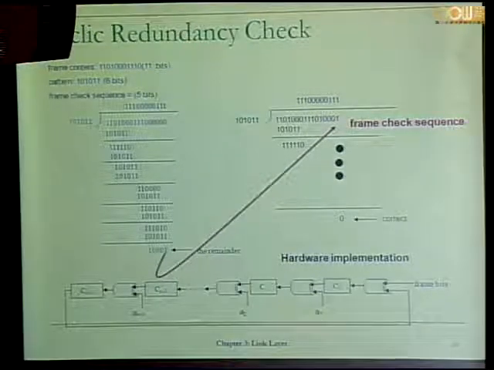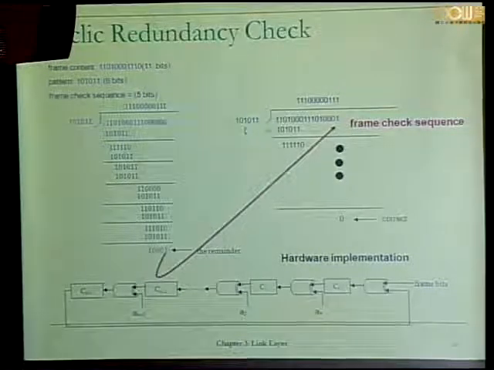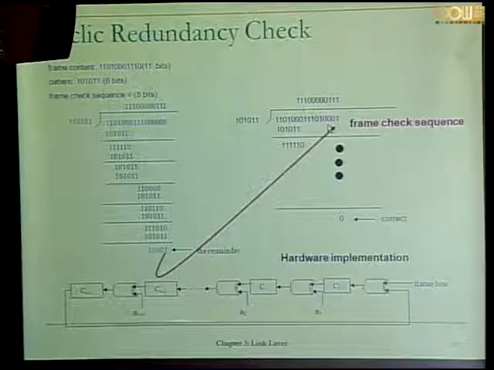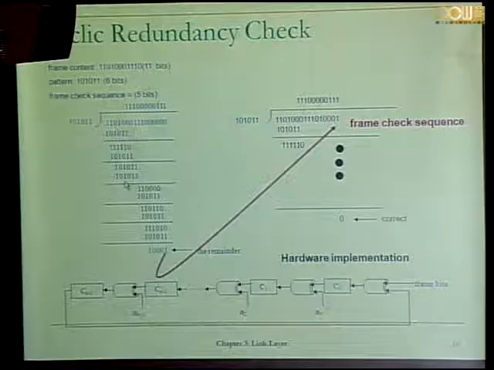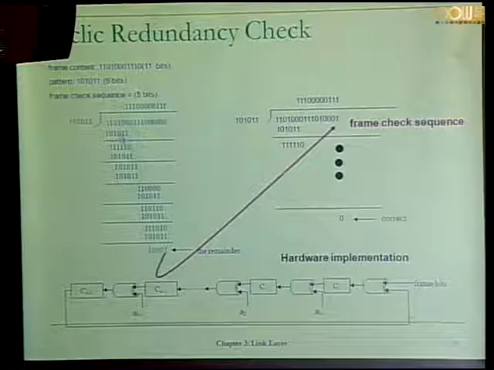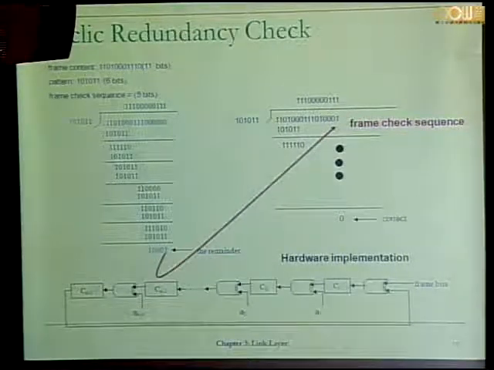And then at the receiver, it would do the division again. As you can imagine, because all these are ones complement addition, you do the division, and then you will get a remainder of what? 0, right?